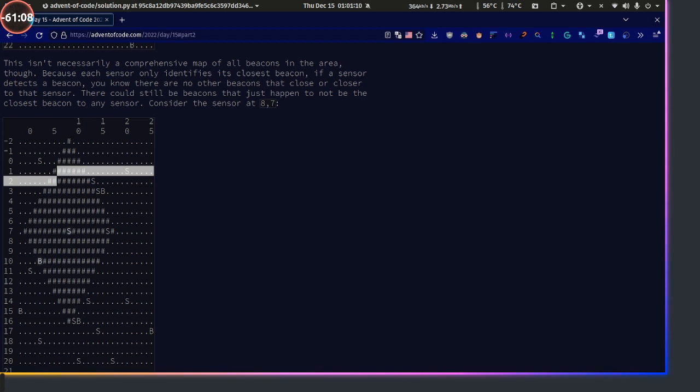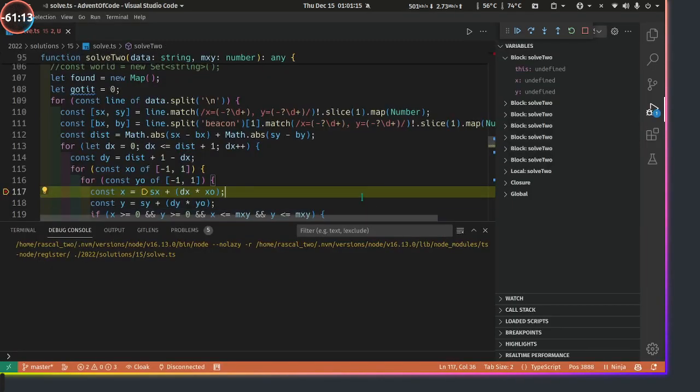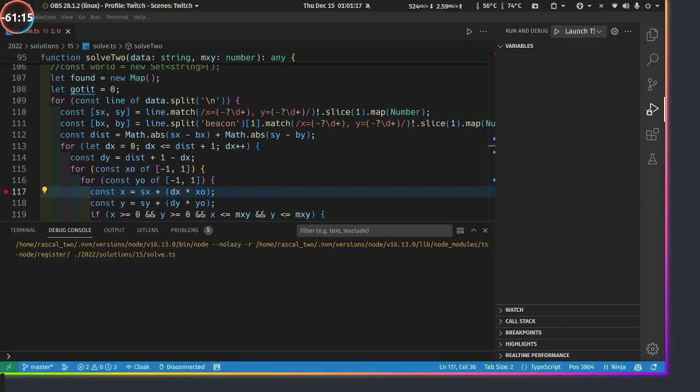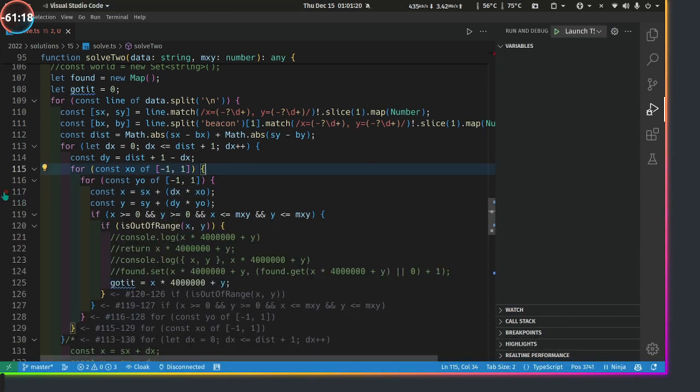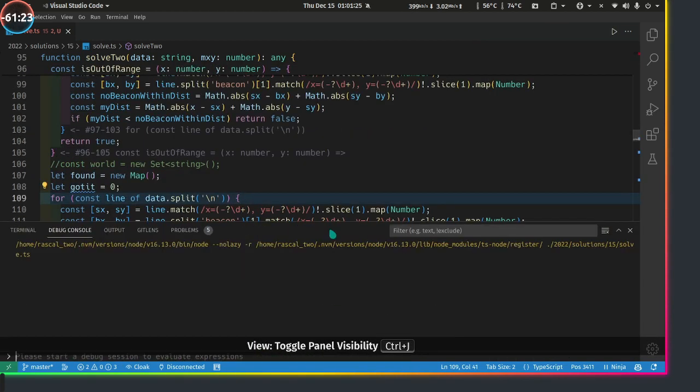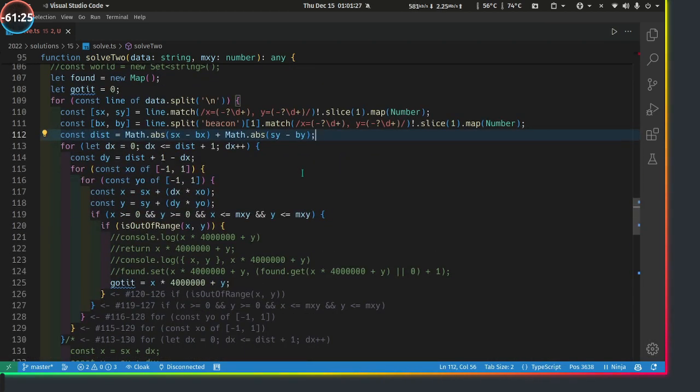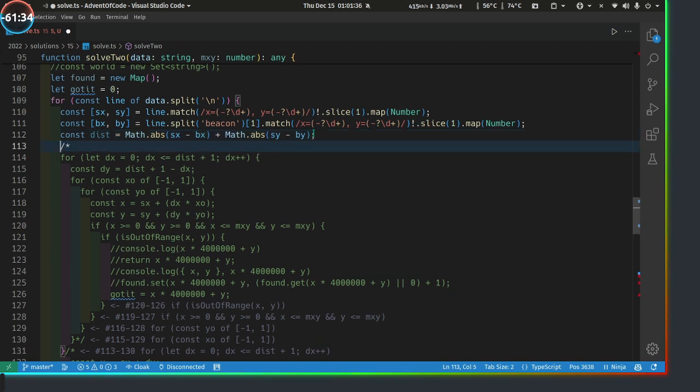Okay, enough of that. Let's try and think of a new approach. So we definitely need to go through the sensor. So I think this part is at least correct. Just not doing it enough or good enough. Yes, we already got our distance. We definitely need that. Yeah, we need that for sure.